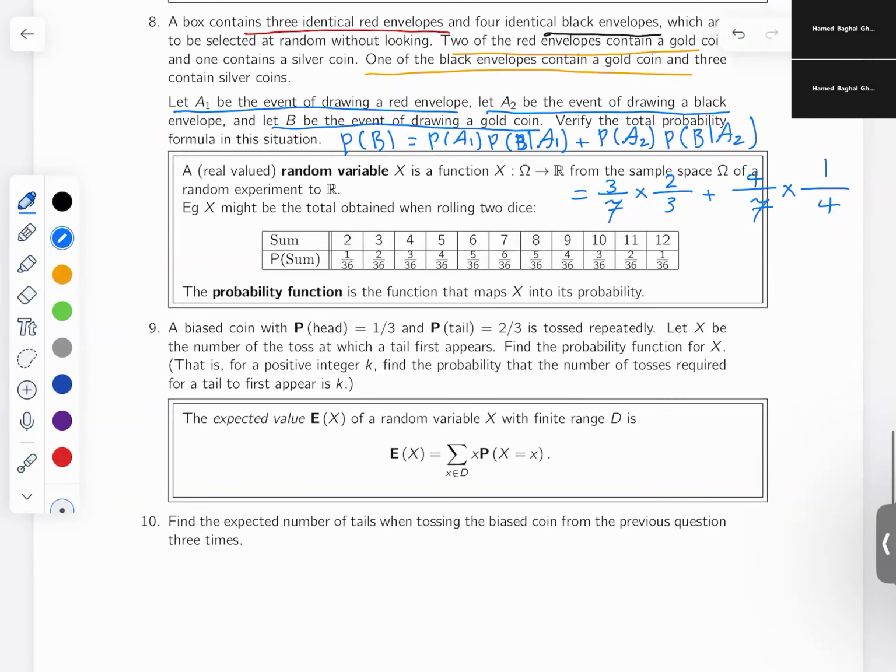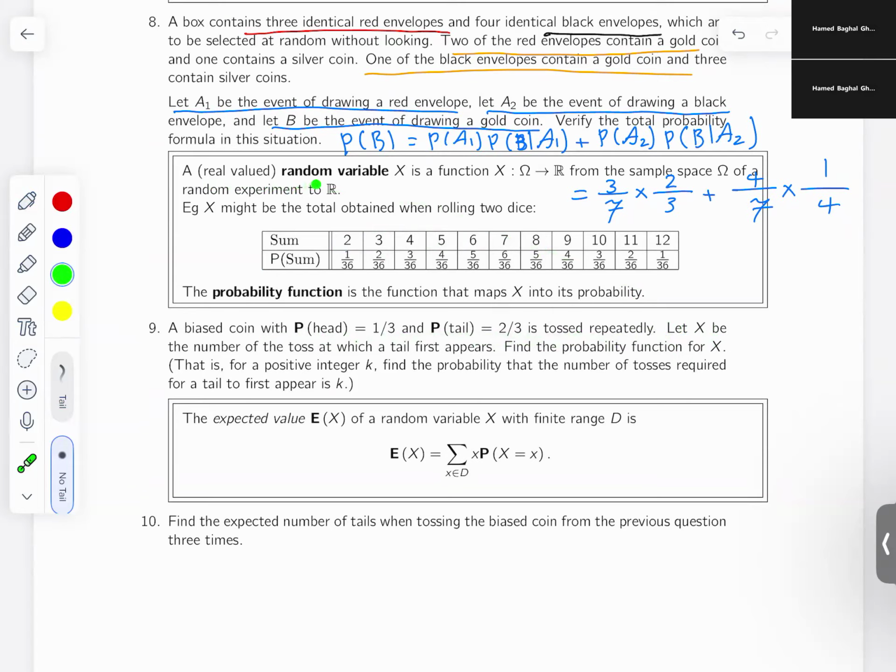Question 9 says that head 1/3, tail 2/3. So it says that x, what's x? Every time probability of x, probability density function, x is variable. The definition of x will be varied, might be different.